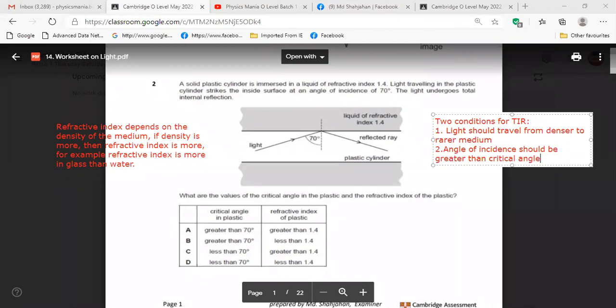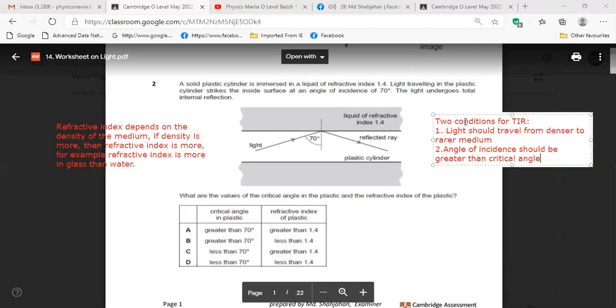Can you say the answer now? Critical angle. More than 70 degree. Okay, then the other part, refractive index of plastic.